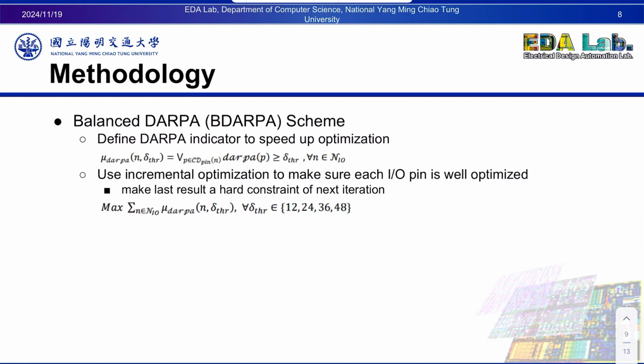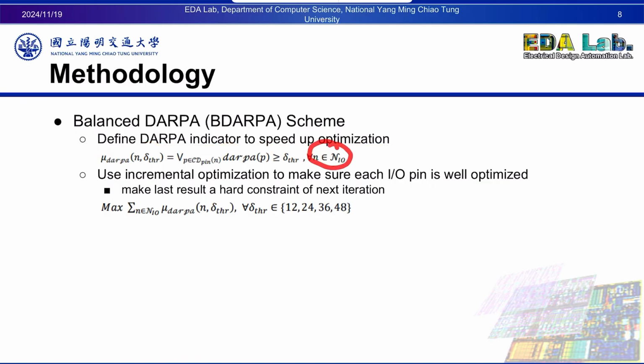Let's talk about the optimization scheme to ensure each I/O pin is optimized evenly. We propose a balanced DRPA scheme. We first define a DRPA indicator to speed up the optimization.